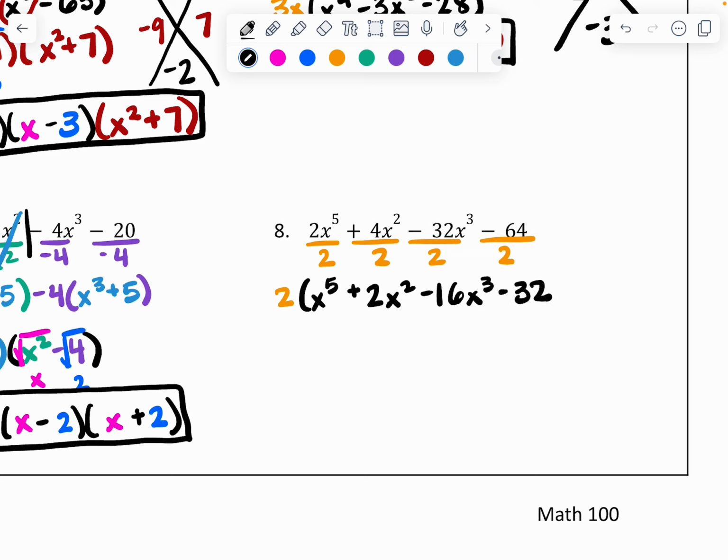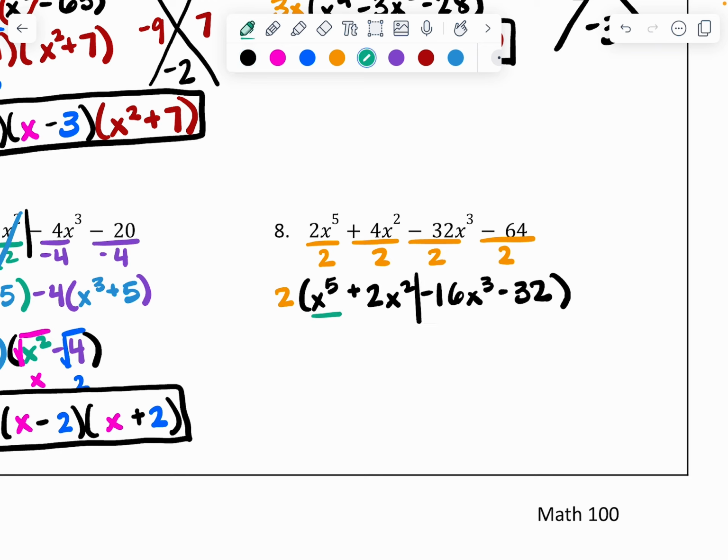It doesn't have to be in standard form. We could switch these, but I kind of like the 16 and the 32 next to each other because I know that 16 is a common factor. I think I'm going to go ahead and leave those in that order and factor by grouping.